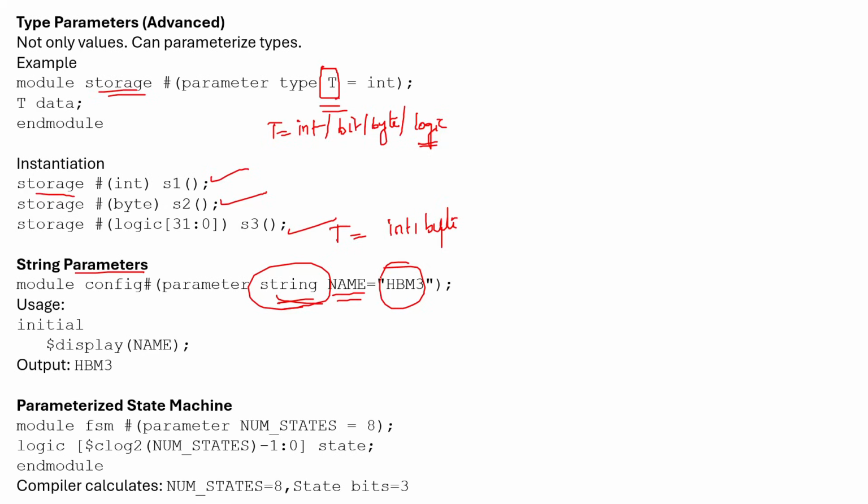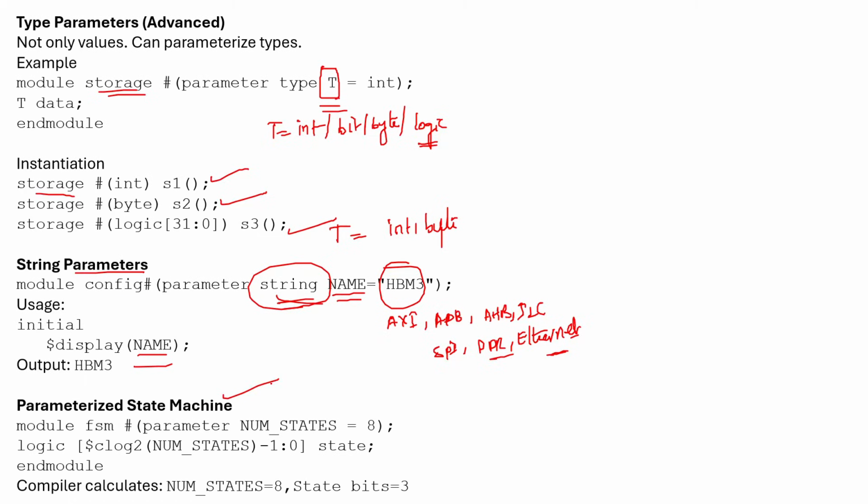Sometimes I'm using AXI, sometimes APB, AHB, I2C, SPI, DDR, Ethernet. In this way I can change my name. The display will change here. So strings also we can change.